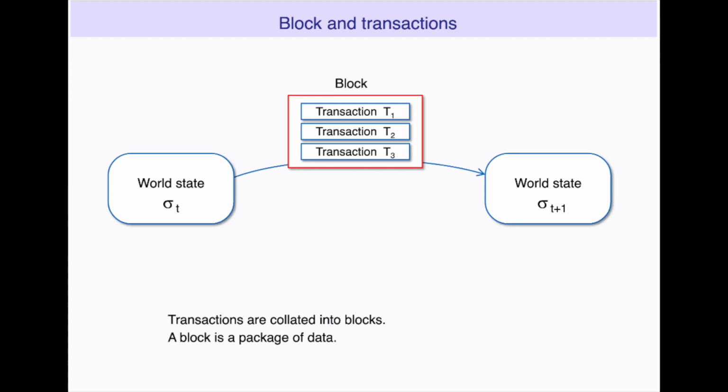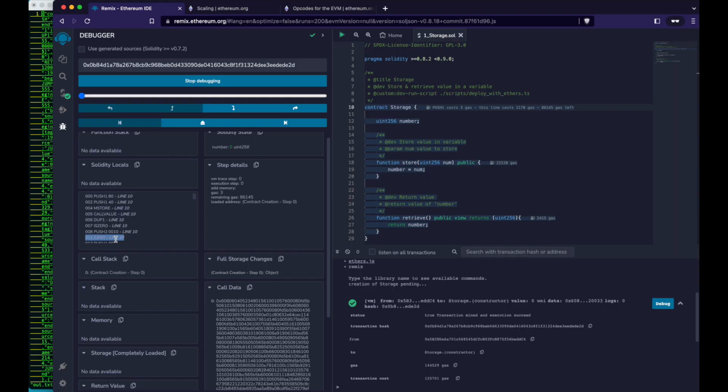For example, if you trade an NFT to somebody else, something in the Ethereum state needs to be updated to reflect that that NFT now has a new owner.